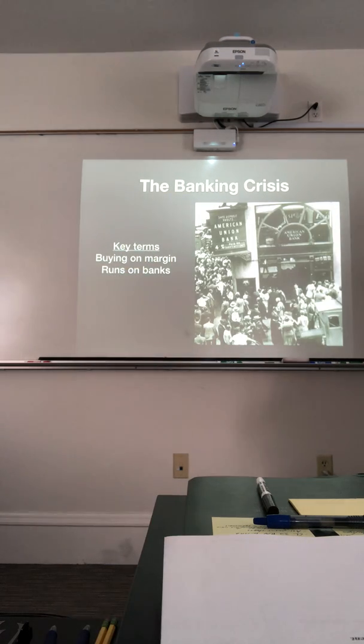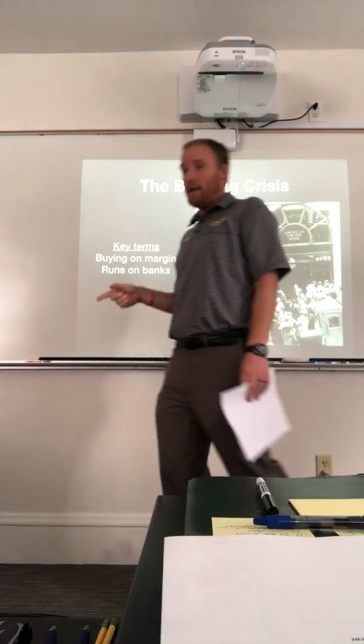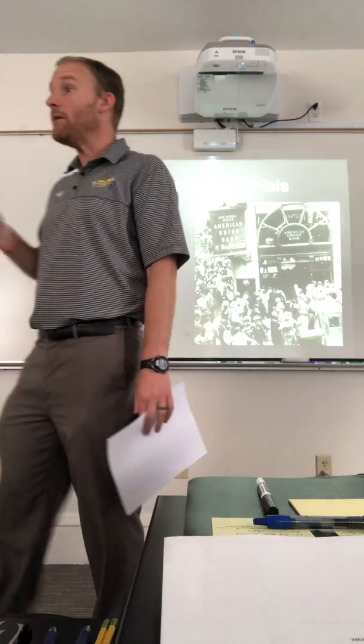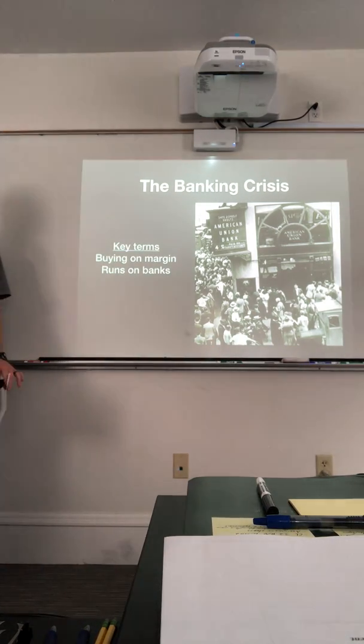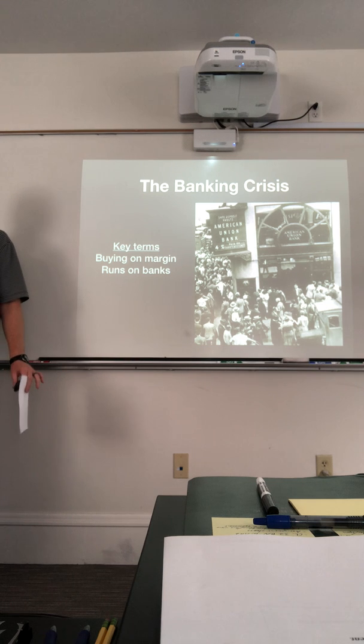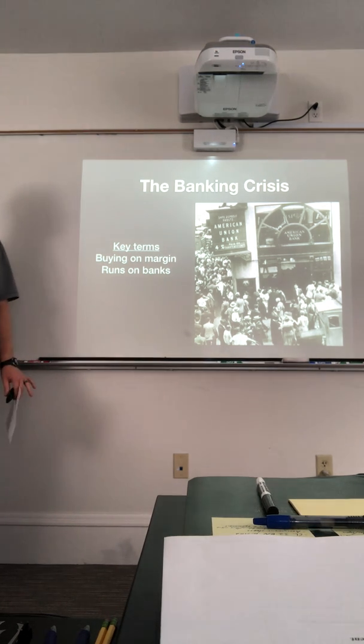All right, so our second big cause, and these two things are closely related, the stock market and the banking crisis. But I want to talk about the banking crisis in a couple terms here, buying on margin and the runs on the banks. Throughout the 1920s, when the economy was doing really well, banks were very willing to loan money to people.